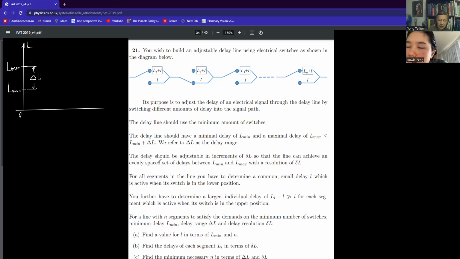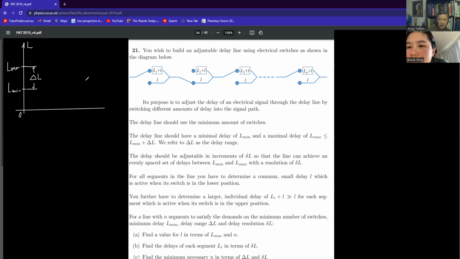Let's read the next one. The delay should be adjustable in increments of delta L, so that the line can achieve an evenly spaced set of delays. So there's a constraint that you cannot change the delay too fast.